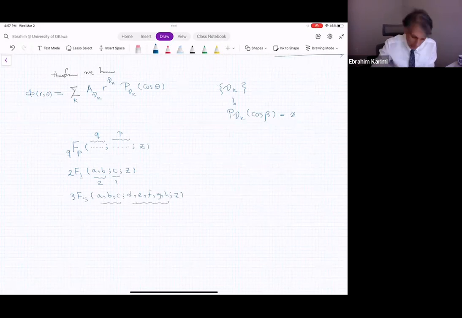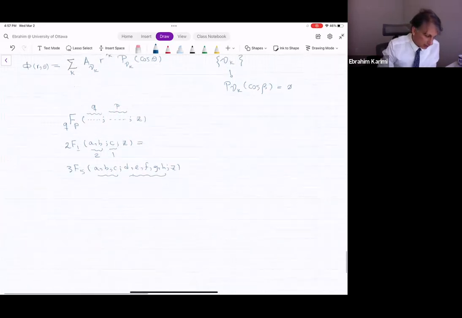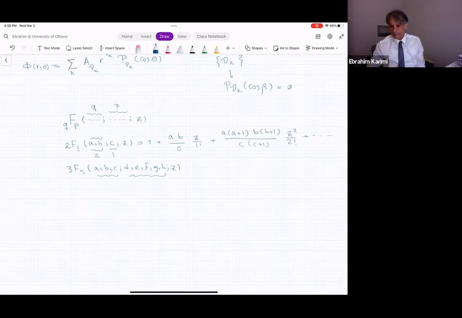What is the meaning of those? Essentially, they are series which always start from 1, and then it starts from A. The first arguments, A and B, will be in the numerator, and the other argument, C, will be in the denominator, multiplied by Z divided by 1 factorial, plus A times A plus 1, B times B plus 1, divided by C times C plus 1, Z to the power of 2 divided by 2 factorial, etc. Whatever you have in the denominator appears as a sequence, and you have to change them by an integer quantity and multiply.